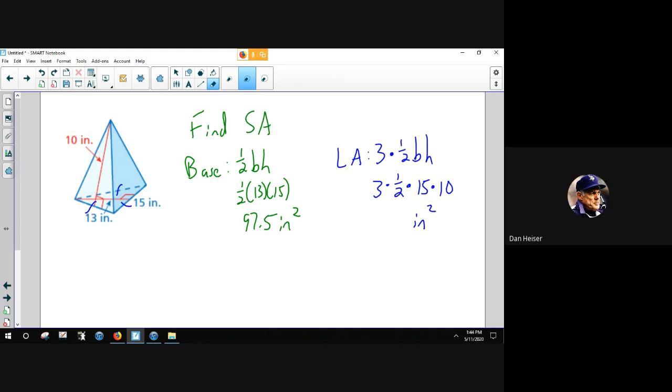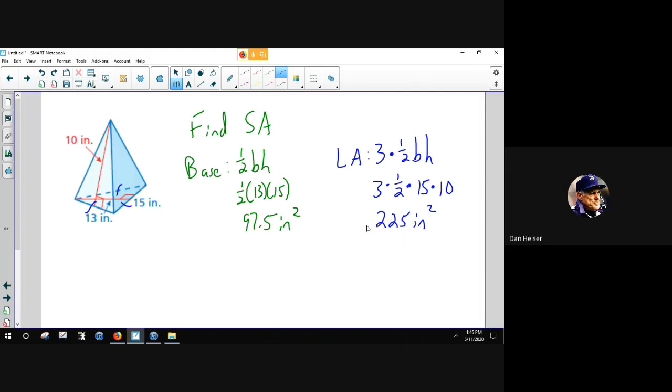That's better. 225 square inches. I didn't multiply by 3, I multiplied by 1/3. Big difference.